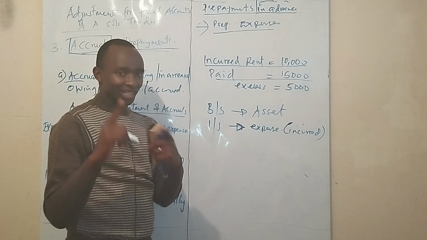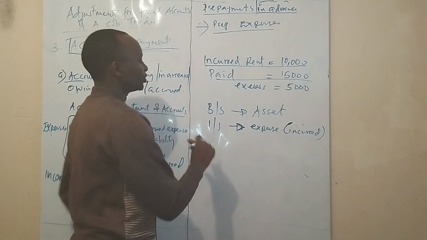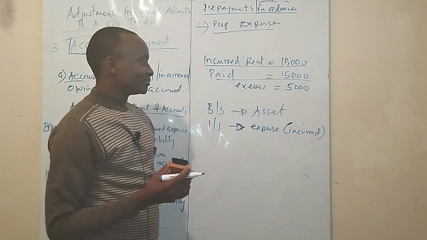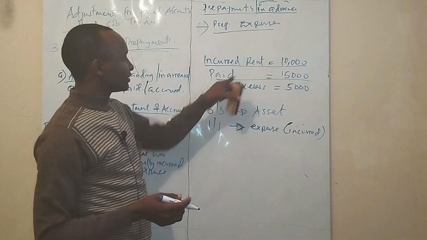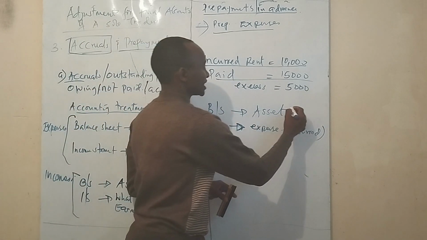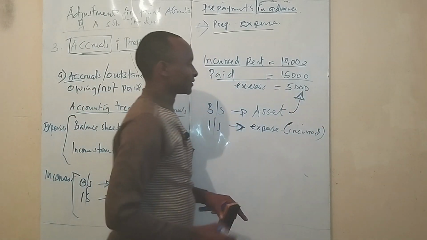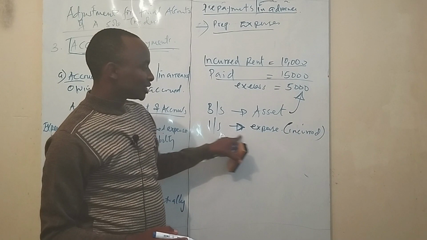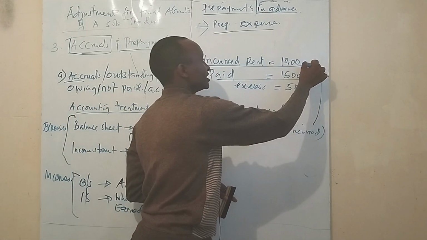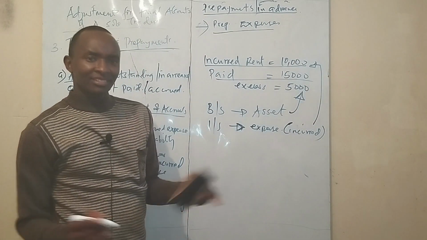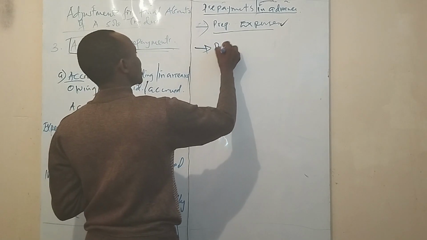Are we together? Tunaelewana, si ndio? Good. So that is how to treat the same in the financial statements. In our example here, what you are going to take as an asset is this 5,000. Then what you are going to take to the income statement is this 10,000. Period.